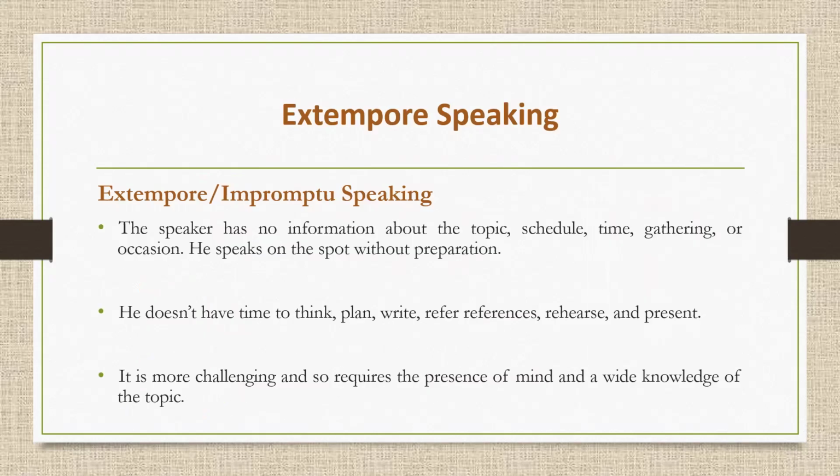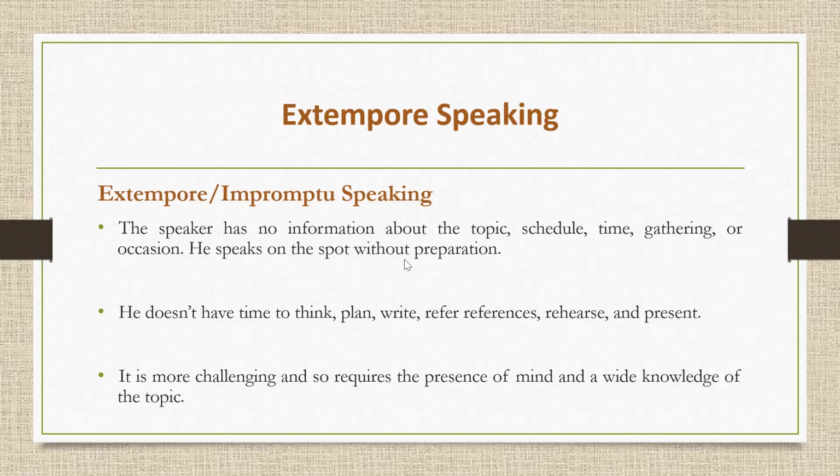Dear friends, this extempore speaking is also called impromptu speaking, I told you. Here the speaker has no information about the topic. Schedule is not clear, time is not clear, gathering is not clear, and even sometimes occasion is also not clear. You simply go and attend the function, and somebody tells you to speak, you stand there and speak on the spot.